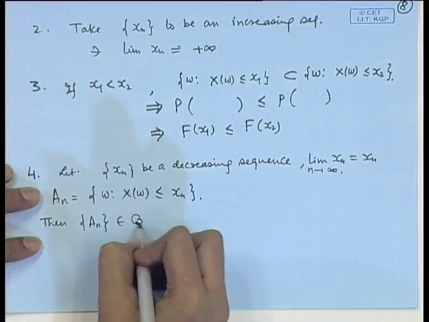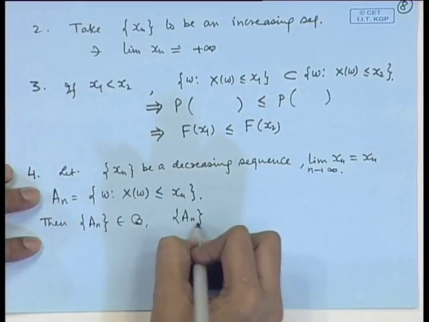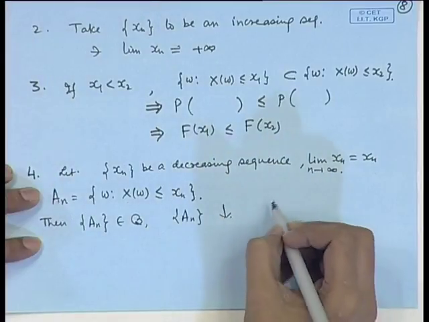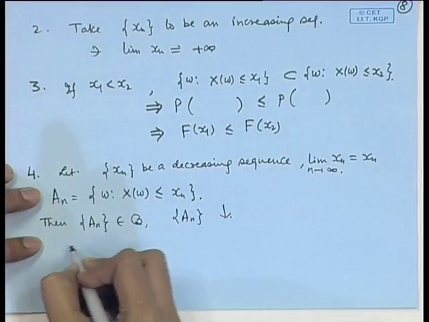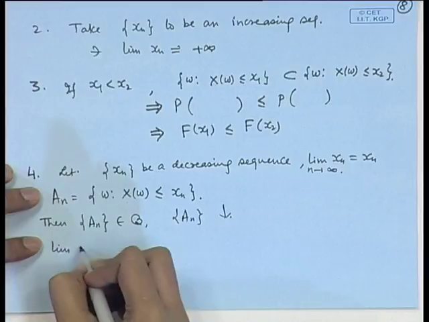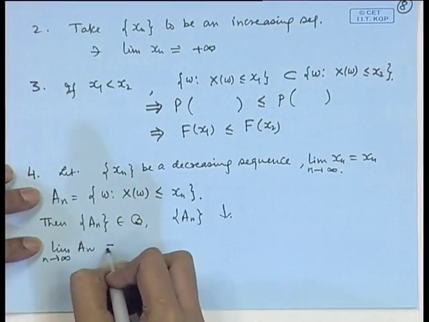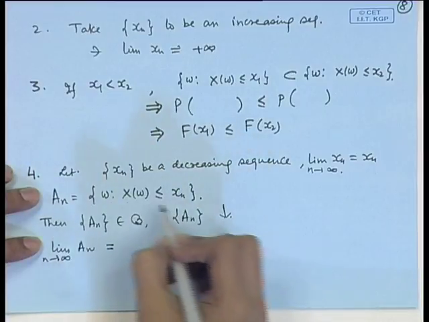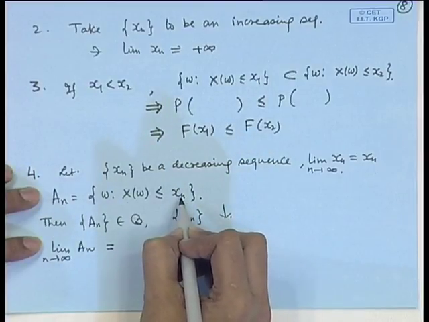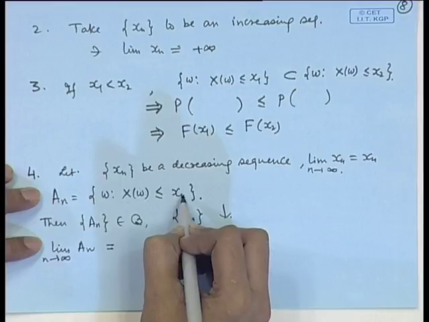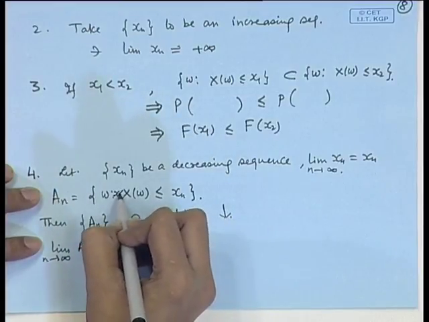The A n's are decreasing, and if I consider limit of A n as n tends to infinity, then it is equal to, now you look at the definition here, I am considering this, however, here I should put x less than this.